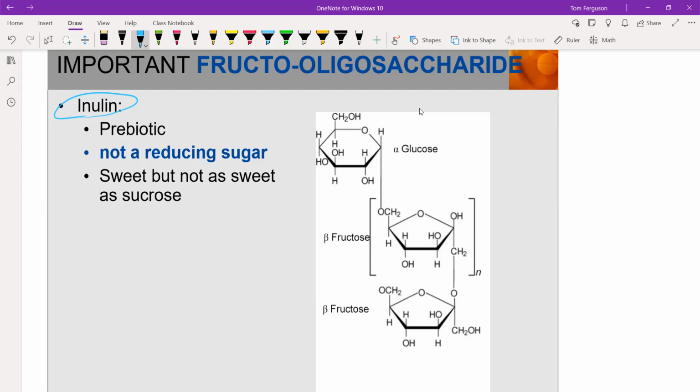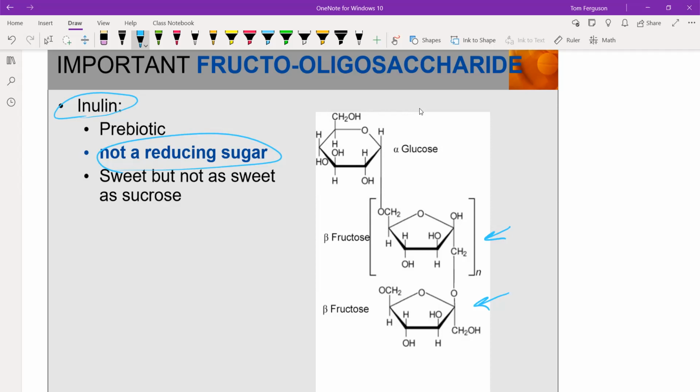They'll add this in just to kind of fill the capsule up. So it's considered an inactive ingredient. It's not a reducing sugar. There are no hemiacetals by themselves, so it's not a reducing sugar. And basically, we've got some number of fructoses stacked on top of the end fructose.